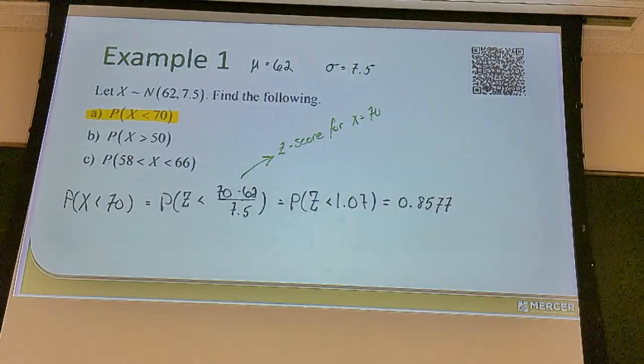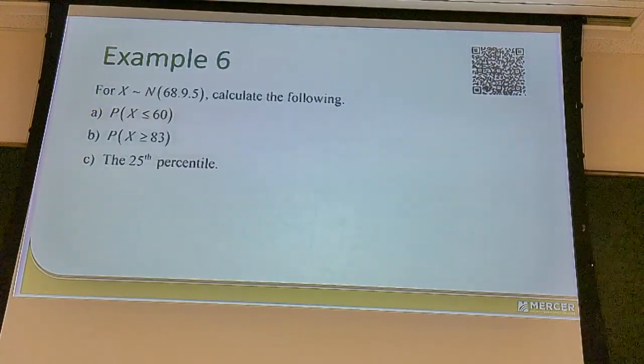What's the mean? 68, right? What's the standard deviation? 9.5. We want the probability of x being less than or equal to 60.